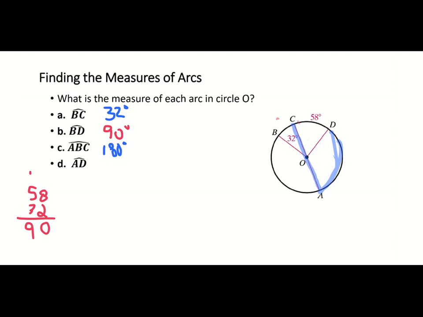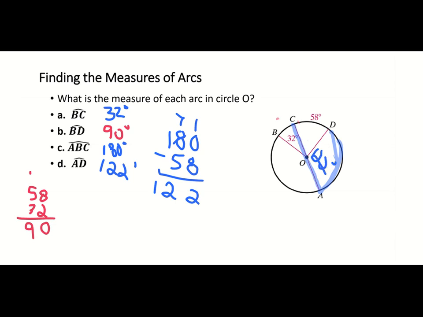So now I'm going to take 180 and subtract 58, and we get 122 degrees for AD. And remember, I used 180 here just because I knew this was a diameter and it divided it into 180 degrees. Sometimes with your circle, you're going to work with 360 because a circle does measure 360 degrees.